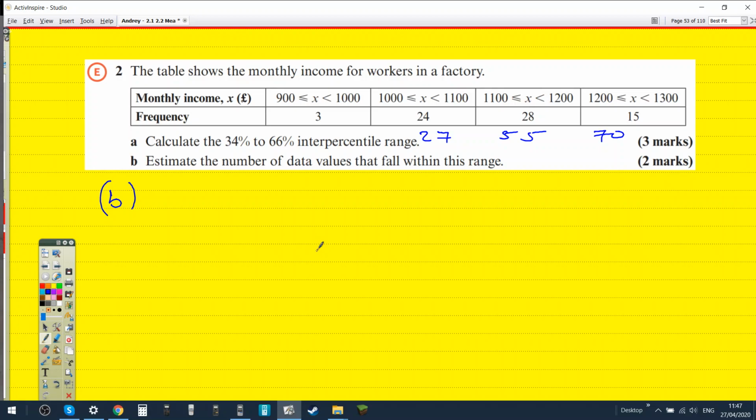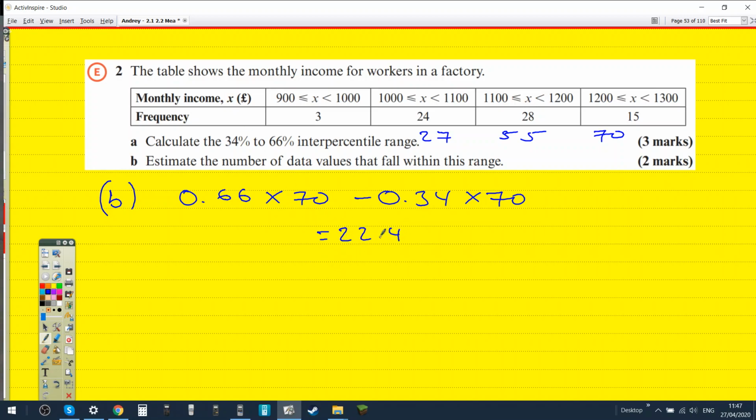So I just did 70 times 0.66 minus 0.34 times 70. And I got 22.4.